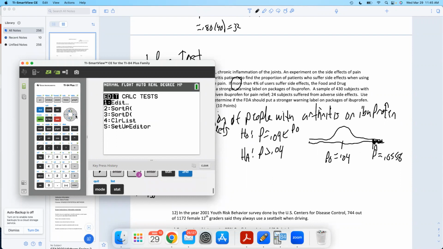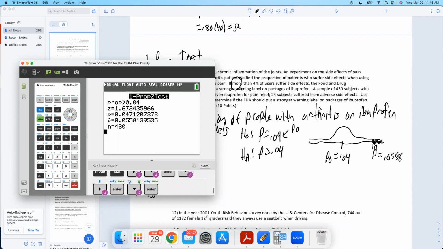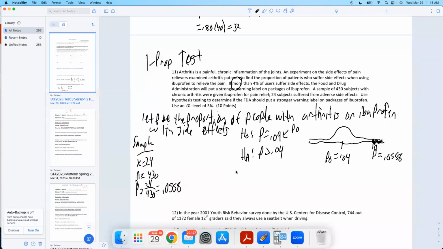So I go stat, over to tests. I want greater than. Notice, by the way, also, those are the same number. You're never, ever going to have two different numbers here. Okay, I get 0.047. So that's my p-value.